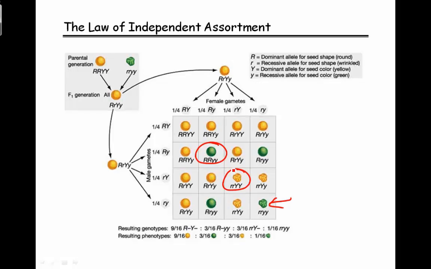So when Gregor Mendel looked at two genes at a time, he came up with this law that he called the law of independent assortment. What that law states is that you can get any combination of the alleles from one gene combining with any combination of the alleles from the second gene when the gametes are formed.